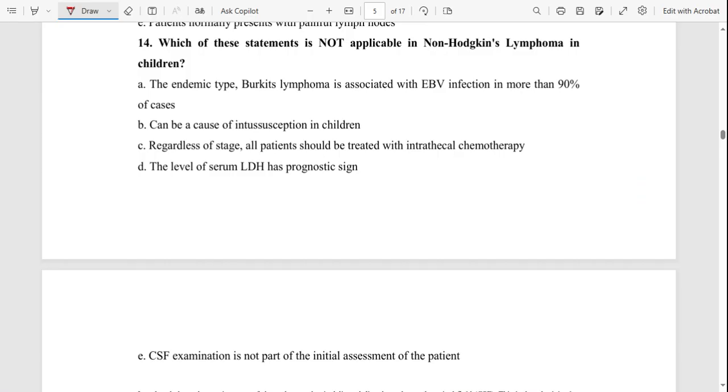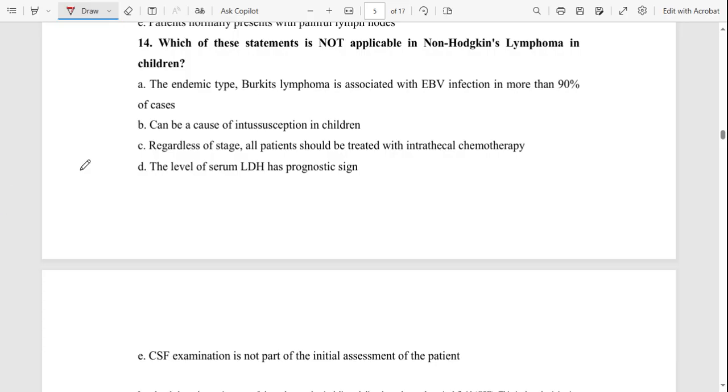Number 14 is saying, which of these is not applicable in non-Hodgkin's lymphoma in children? A: The endemic type, Burkitt's lymphoma, is associated with EBV infection in more than 90% of cases. B: It can be a cause of intussusception in children. C: Regardless of stage, all patients should be treated with intrathecal chemotherapy.